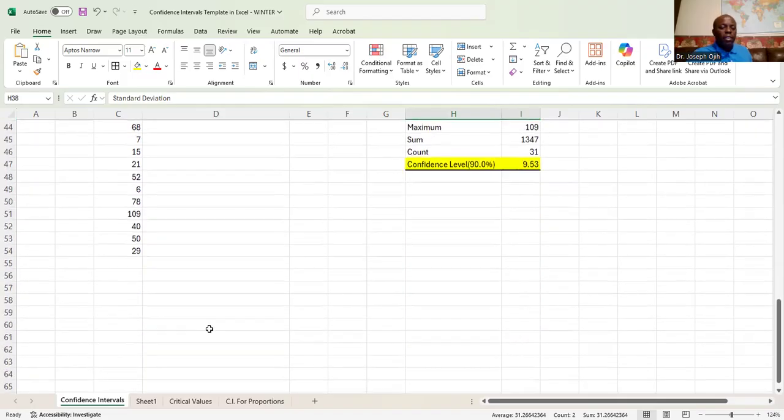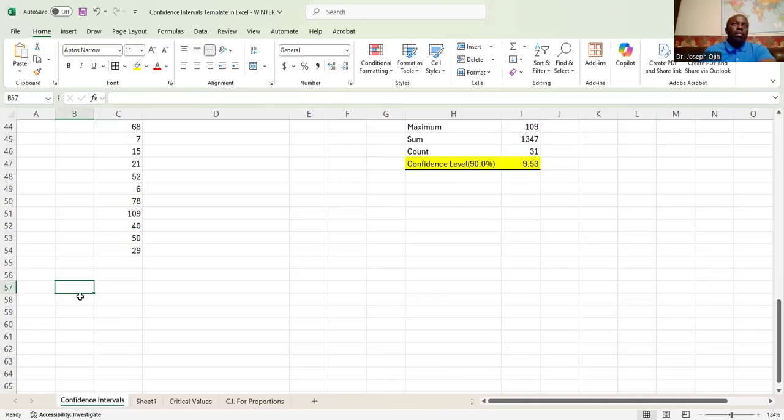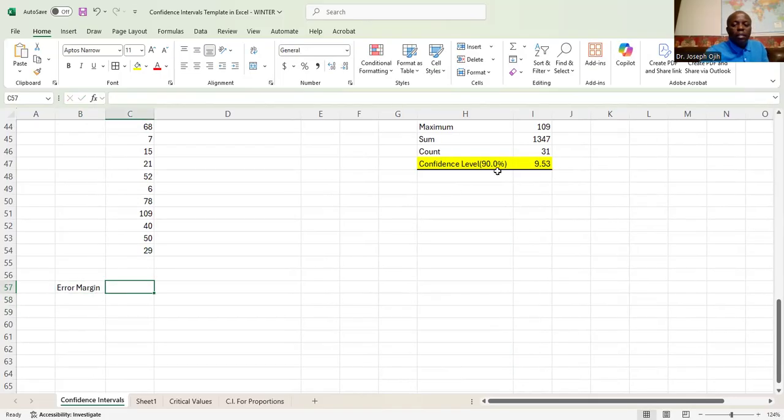So to find the confidence interval, you type in here critical value, or, I mean to say, error margin. You have it here as 9.53.